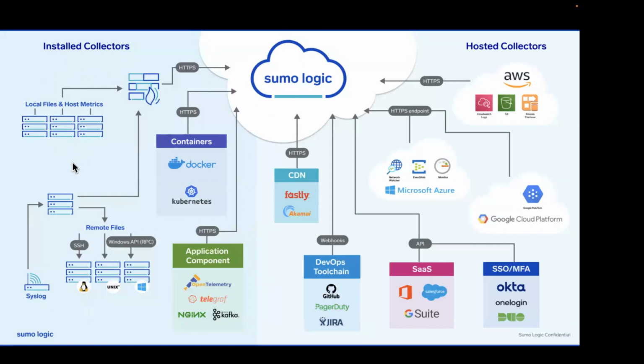Another approach to an on-prem environment is if you wanted to create a standalone, where you have a centralized installation of an installed collector. Put it on one machine, and all of the other machines are feeding to it, okay? The installed collector is again going to compress, encrypt, and send it through the firewall up into the Sumo Logic environment.